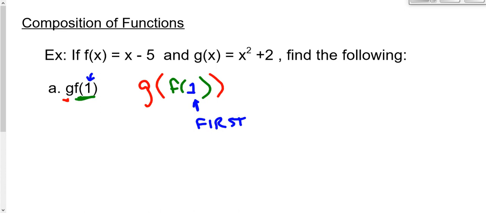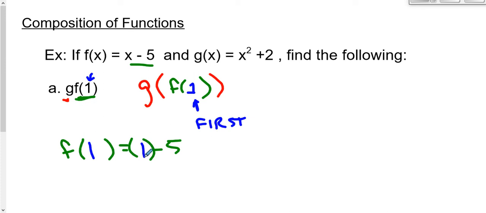So I'm going to start with my f of x function, which is this one right here, f of, and I'm going to plug in the number 1. So my f of x function is x minus 5, and I'm going to go ahead and take that x, and I'm going to plug in the number 1 instead. x minus 5 means I'm plugging in 1 and subtracting 5. And that'll help me figure out the inside value.